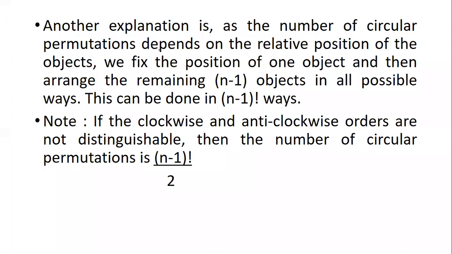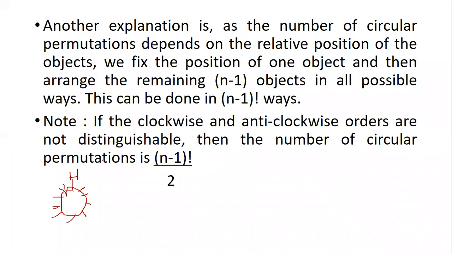Now let us see a little more theory that is left out. As the number of circular permutations depends on the relative position of the objects, we fix the position of one object and then arrange the remaining. Sometimes, if it's a dining table, you usually have the head of the family sitting, and then the other people sit at the dining table.